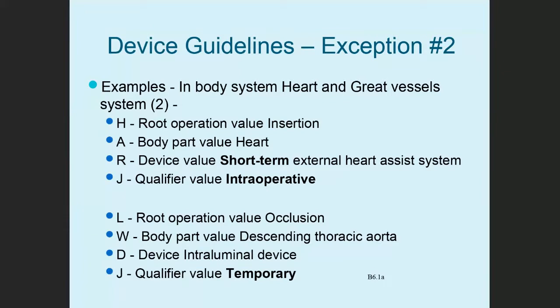Another example is root operation occlusion, also in heart and great vessels, descending thoracic aorta, intraluminal device, qualifier value temporary. So sometimes the intraluminal device is temporary, sometimes it's not. The qualifier value is temporary. That means it may be removed before the end of the operation or before the end of the hospital stay.